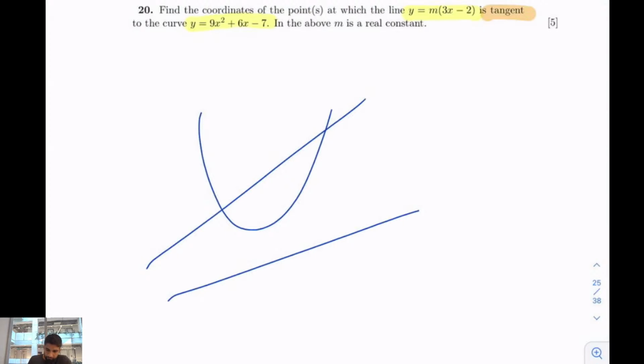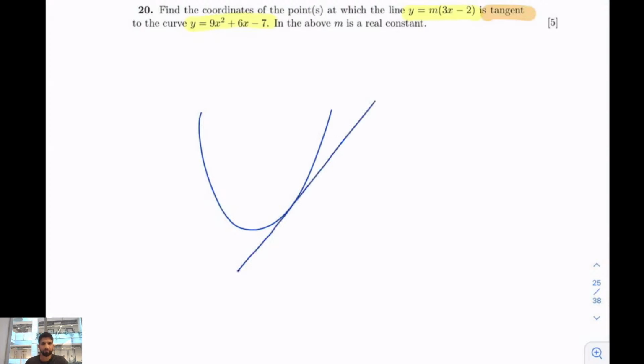However, we want to find when that line is a tangent. So the two random lines that I drew there are not going to be what we are looking for. We know that they are tangents. So more realistically, what we are looking for is something like this.